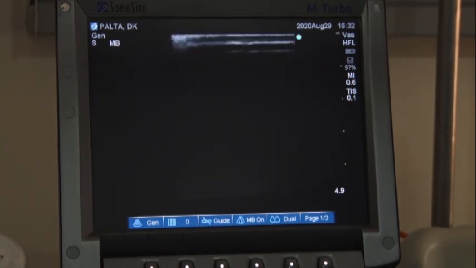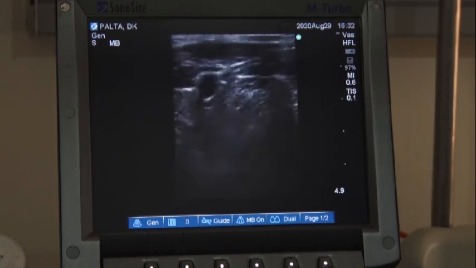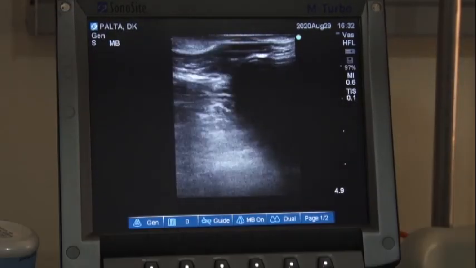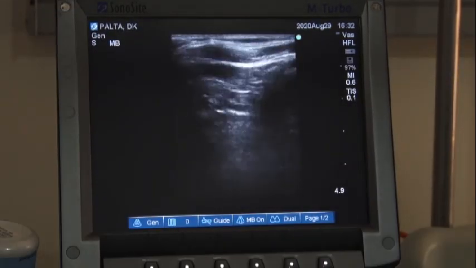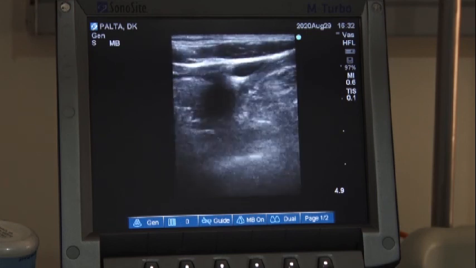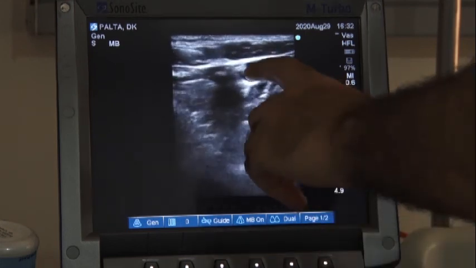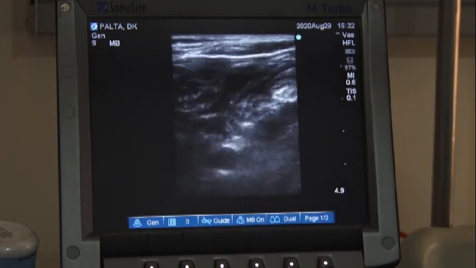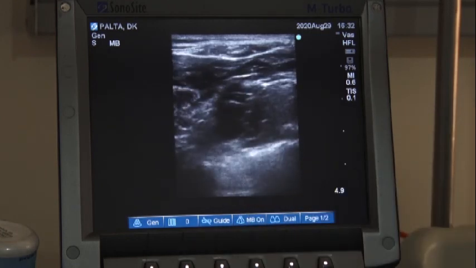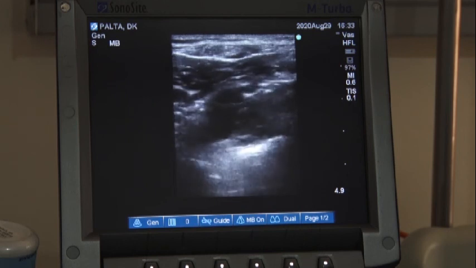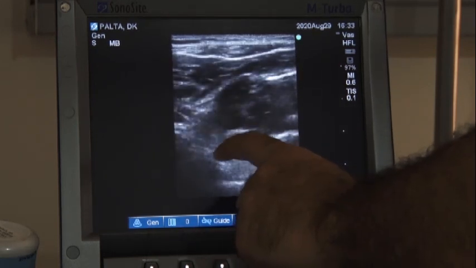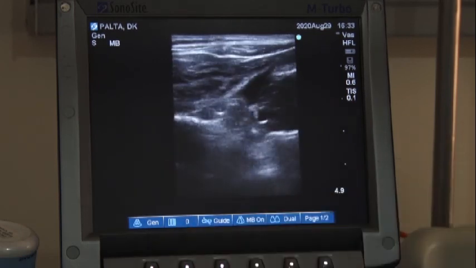I will see also on the left side. So on the left side, this is the internal jugular vein, this is the carotid artery. I'll go down and I'll see this is the basilic vein turning to the left.